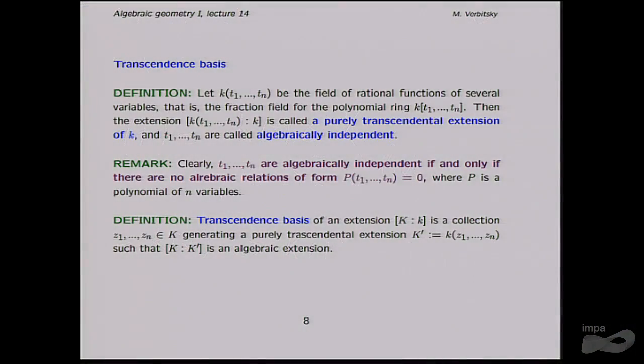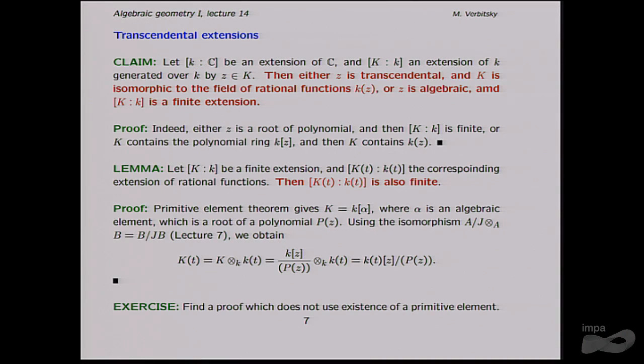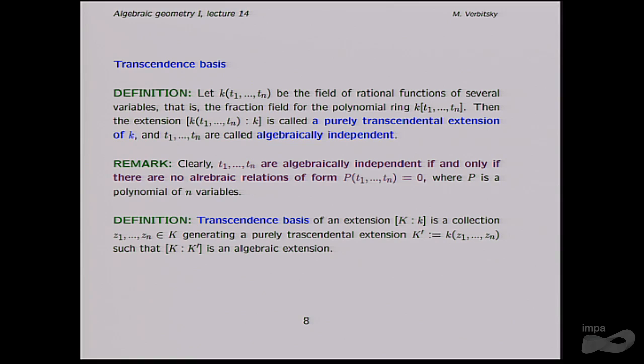Now there's this important notion of transcendence basis. It's a bit like a basis, but for algebraic dependency. So we have to start with defining algebraic independence, like how you define the basis. It's a maximal subset of linearly independent vectors.